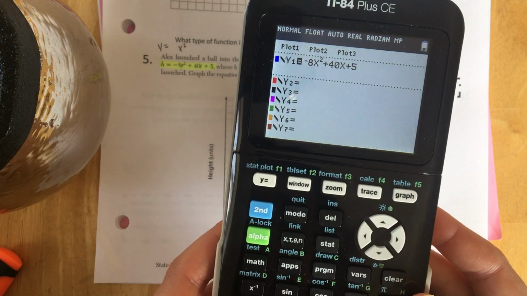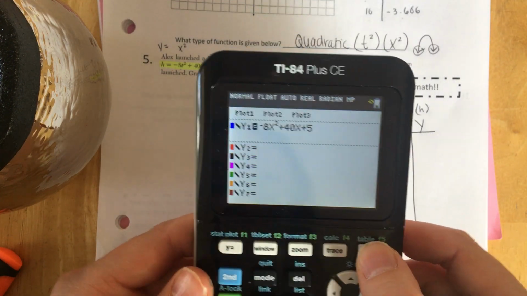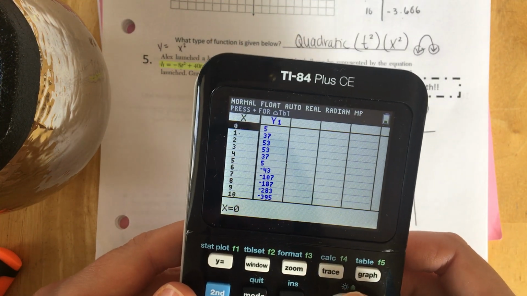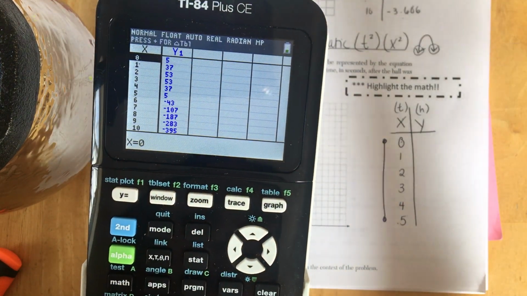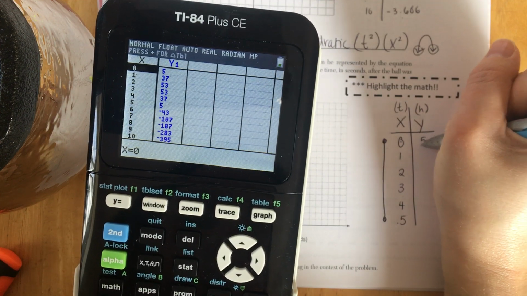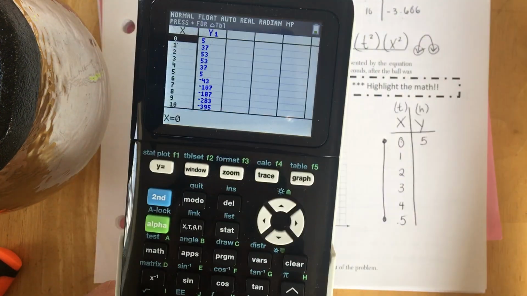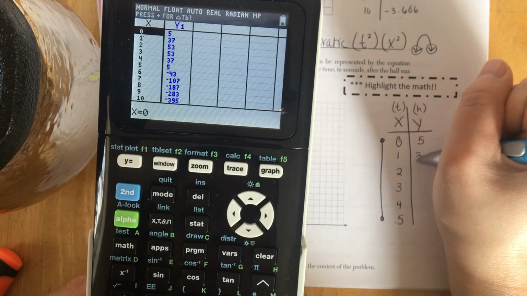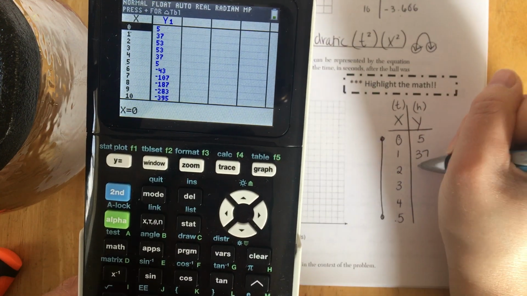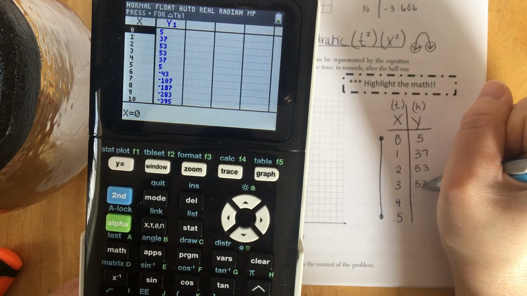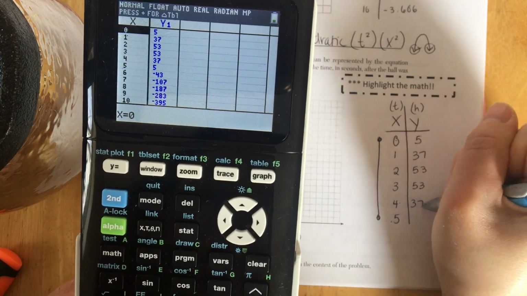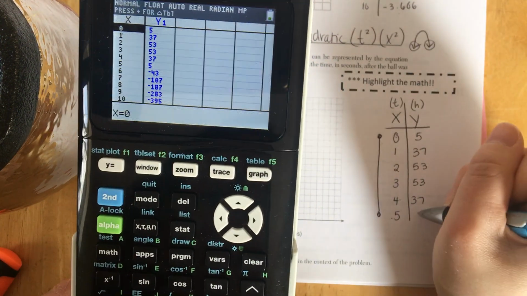All right, double check to make sure you put that in correctly, and go ahead to your table and graph the points, or at least record the points that they're giving you. So they gave us the points 0, 5, 1, 37, 2, 53, 3, 53, 4, 37, 5, 5.